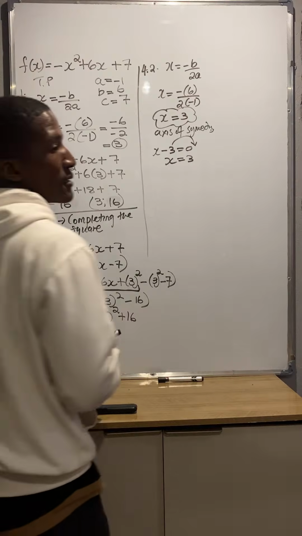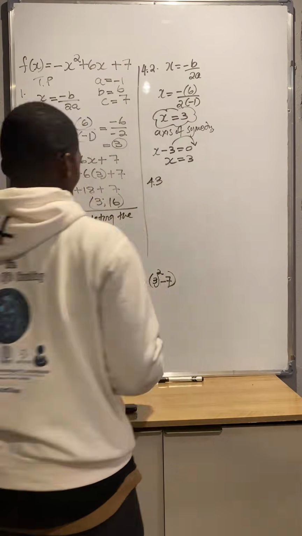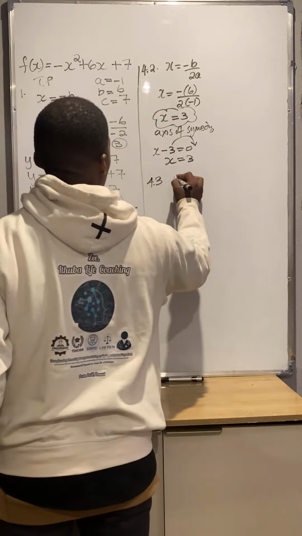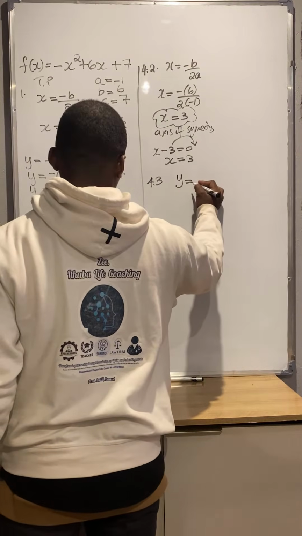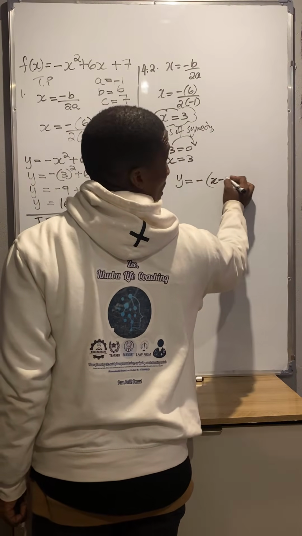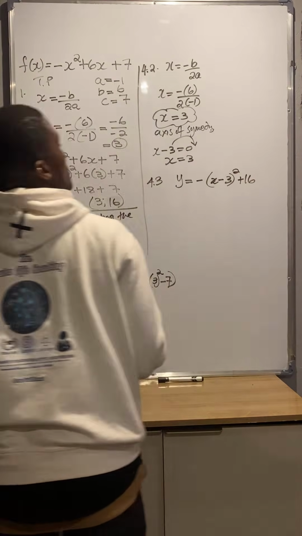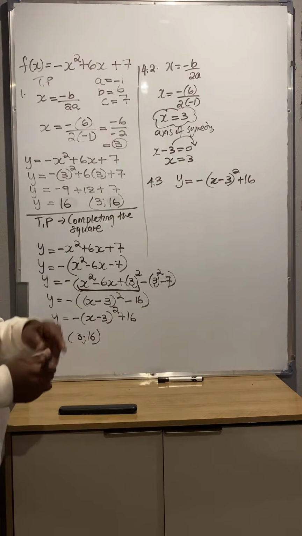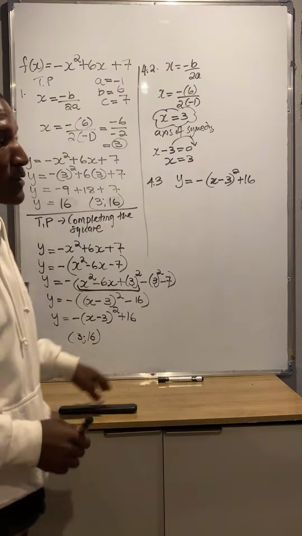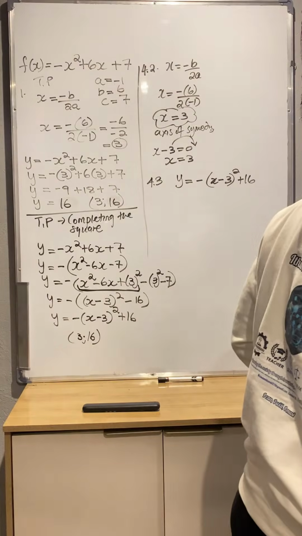Okay, 4.3. The equation is y equals negative open bracket x minus 3 squared plus 16, which is for completing the square again.